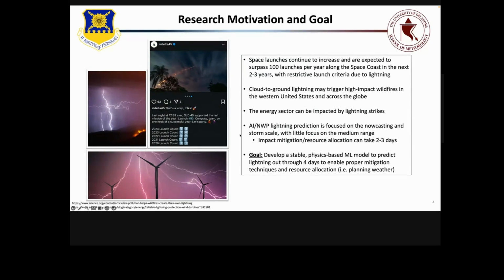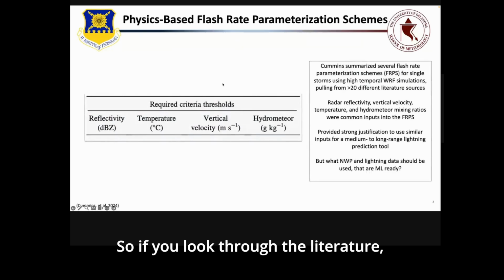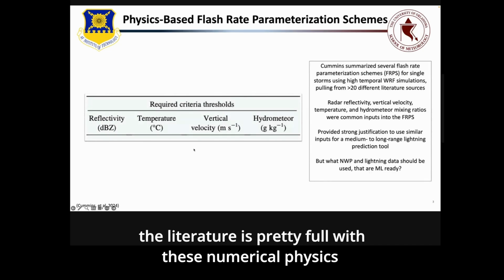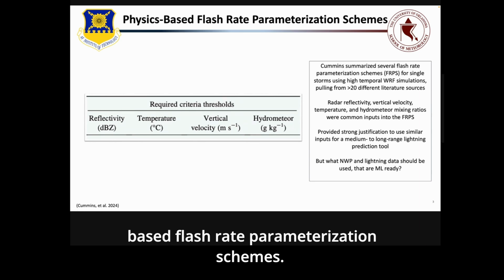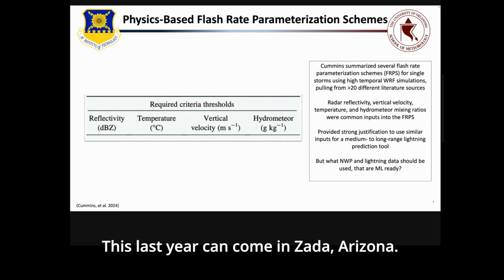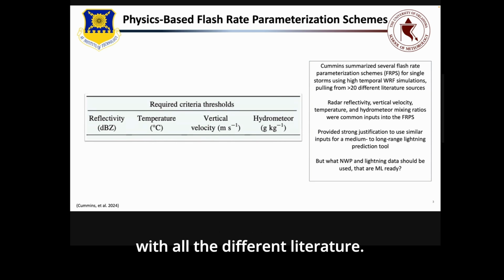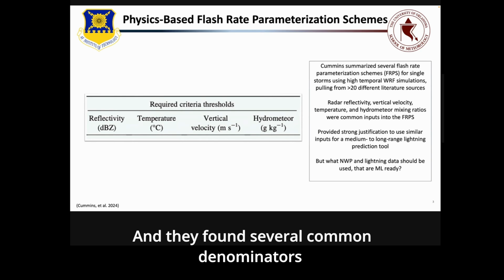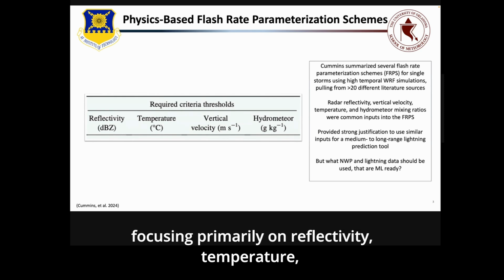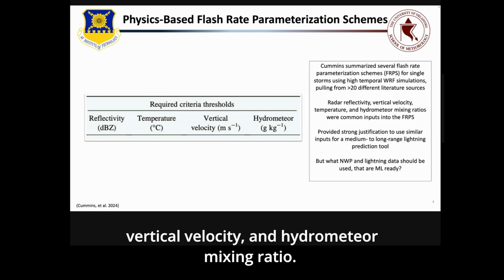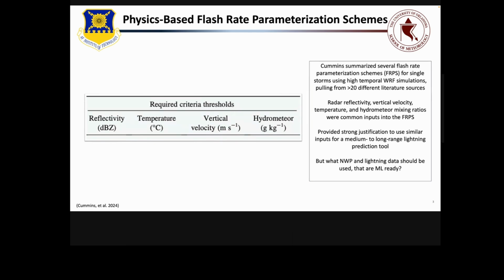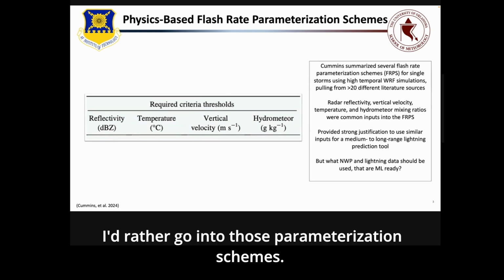If you look through the literature, it is pretty full with numerical physics-based flash rate parameterization schemes. This last year, Ken Cummins out of Arizona summarized over 20 different ones from the literature, and they found several common denominators, focusing primarily on reflectivity, temperature, vertical velocity, and hydrometeor mixing ratio, that go into those parameterization schemes.